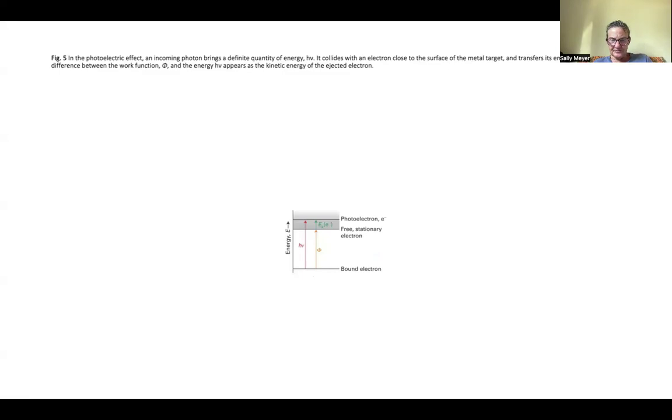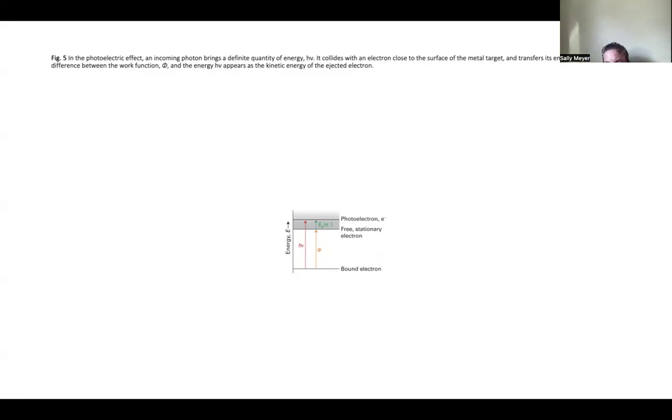And so this is showing you what Einstein interpreted that to mean. So if you have the line on the left, that's the energy of a photon that's being absorbed. Some of the energy, as you know, has to go to actually pulling that electron off.